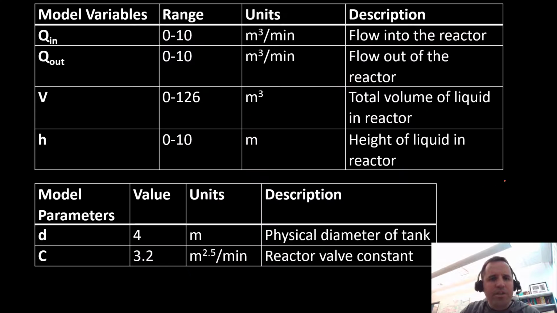Just by way of introducing some numbers, we have different ranges defined for the variables, but let's look carefully down here where we're given the physical diameter of our tank, which is 4 meters. We're given this value for C, that it is equal to 3.2 meters to the 2.5 power per minute.